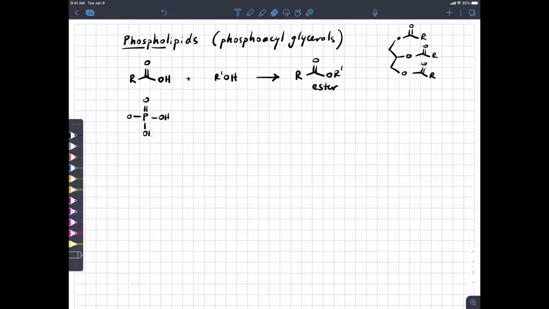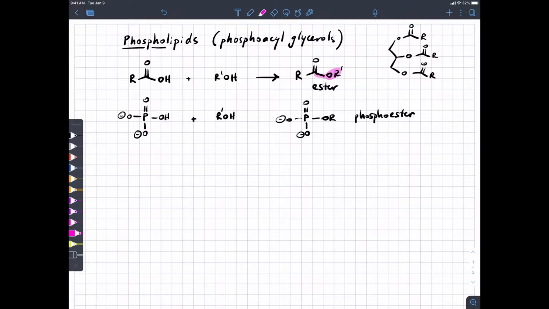So the dominant form of phosphoric acid at physiological pH is probably that. You can add an alcohol to it in the same way that you would add an alcohol to a carboxylic acid. And what you get then is what we call a phosphoester. Okay? Same basic thing, right?